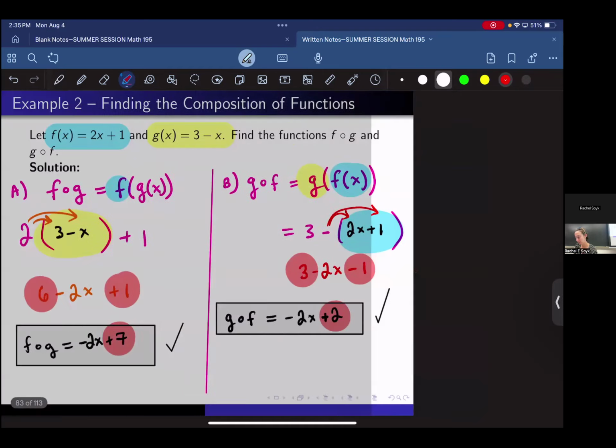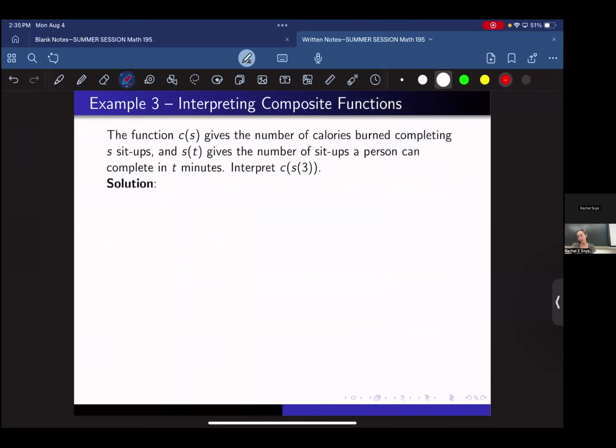Let's keep going. So example 3, being able to interpret composite functions. We have the function C of S gives the number of calories burned completing S sit-ups. I like this question. And S of T gives the number of sit-ups a person can complete in T minutes.